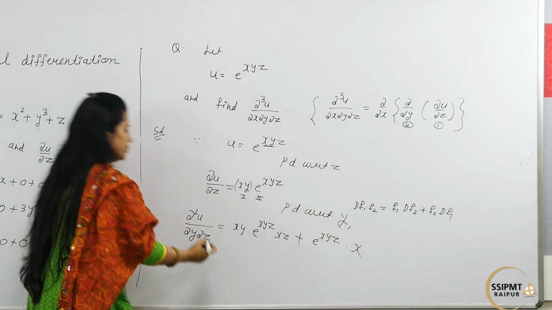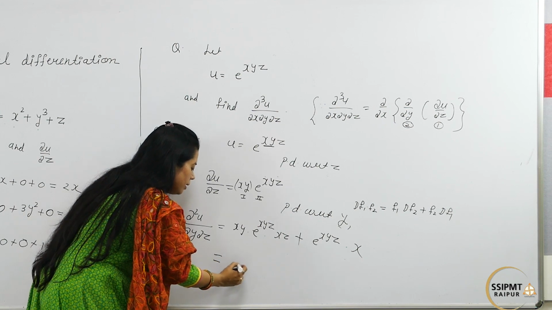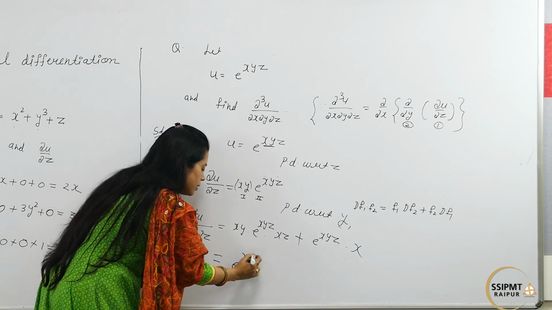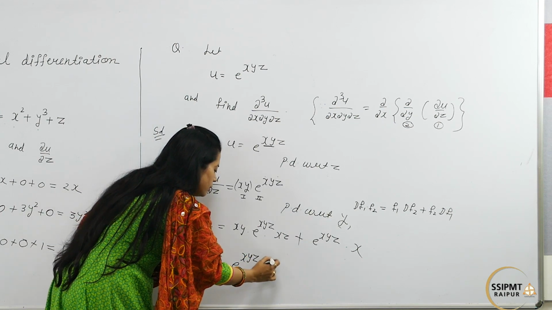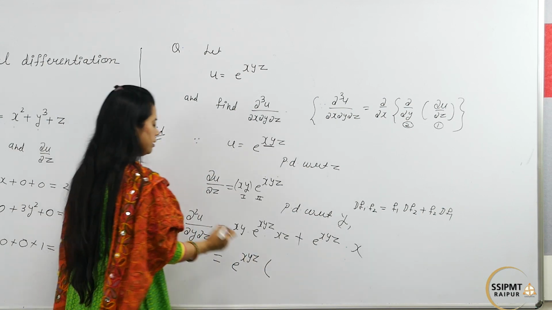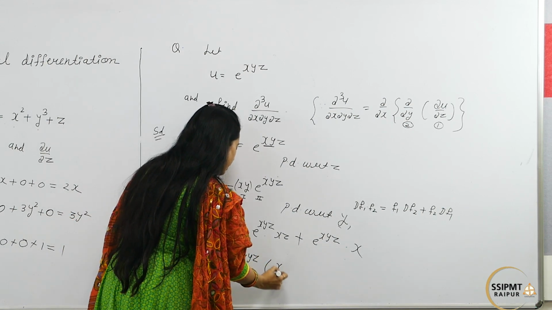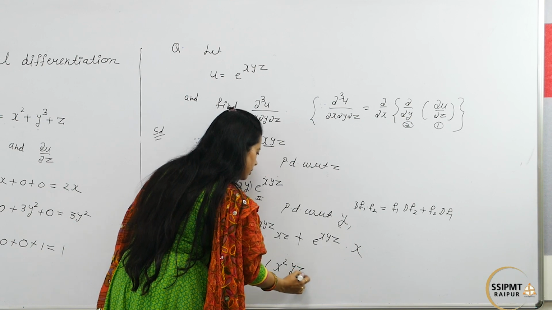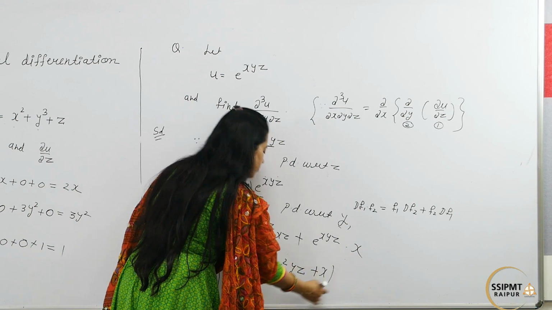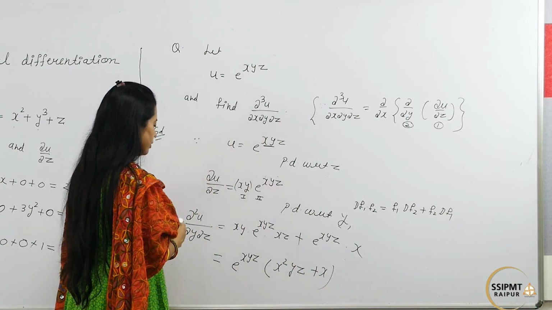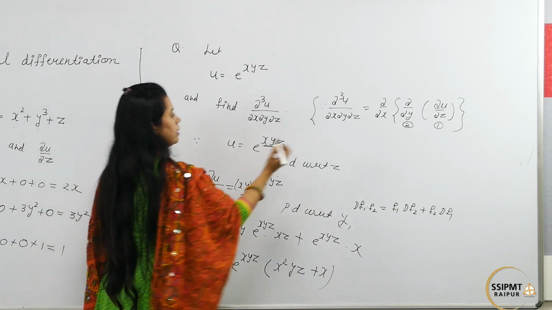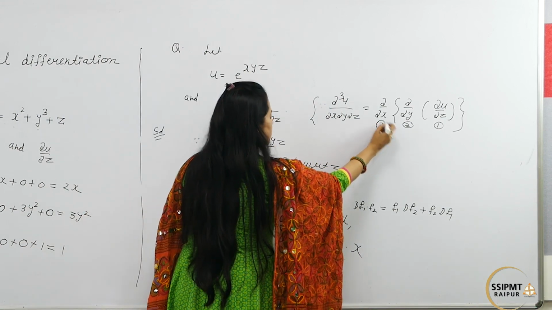So e to the power xyz can be taken as common, and under the bracket it will be x square yz plus x.